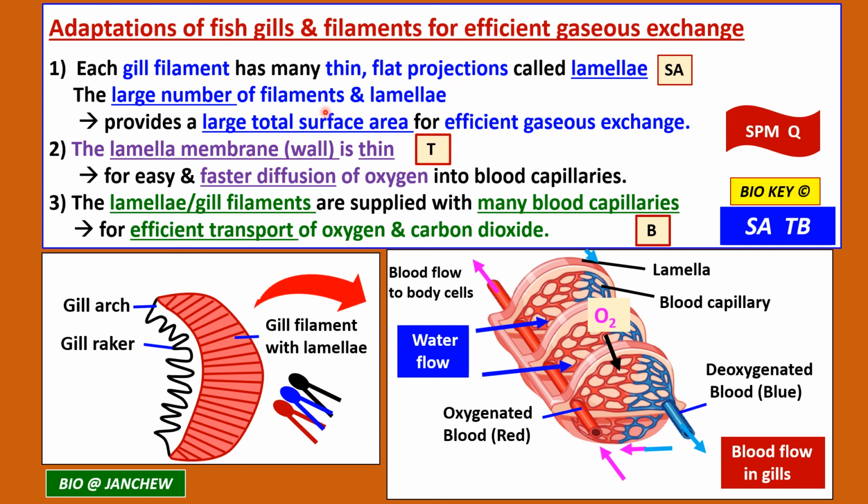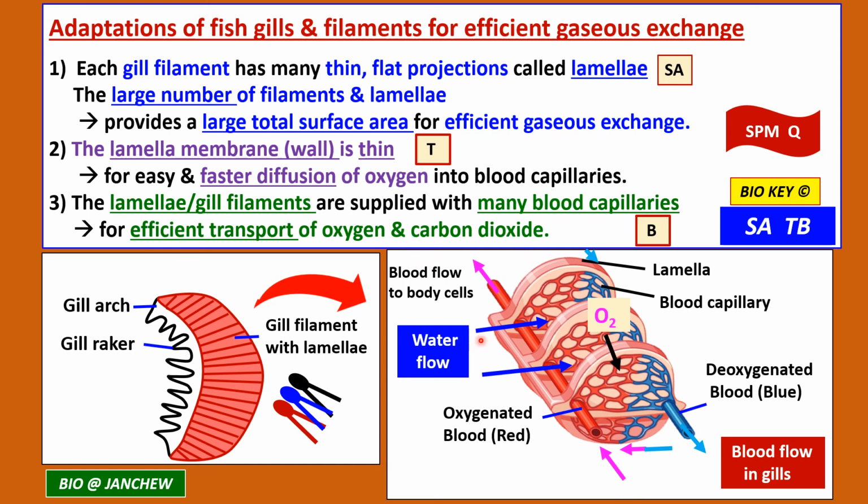Next, number 2, the lamella membrane is thin. The membrane here between the blood capillaries and the environment is very thin for easy and faster diffusion of oxygen from the water into the blood capillaries, right? Thirdly, the lamellae are supplied with many blood capillaries, as we can see here, for efficient transport of oxygen and carbon dioxide.